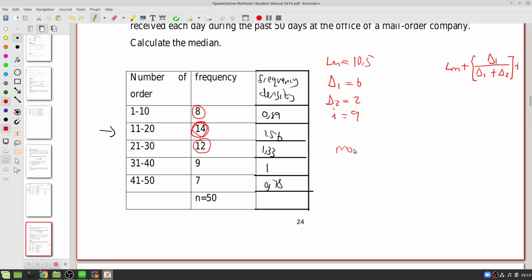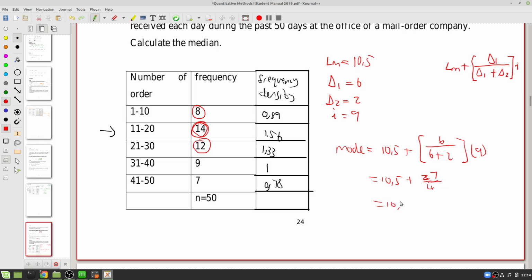Now all we do is we just plug it into the formula and solve. So Lm 10.5 plus big bracket delta 1, we said that's 6, over delta 1 plus delta 2 multiplied by the class width. So 10.5 plus 6 over 8 is the same as 3 over 4. 3 over 4, multiply that by 9, so 3 times 9 is 27.